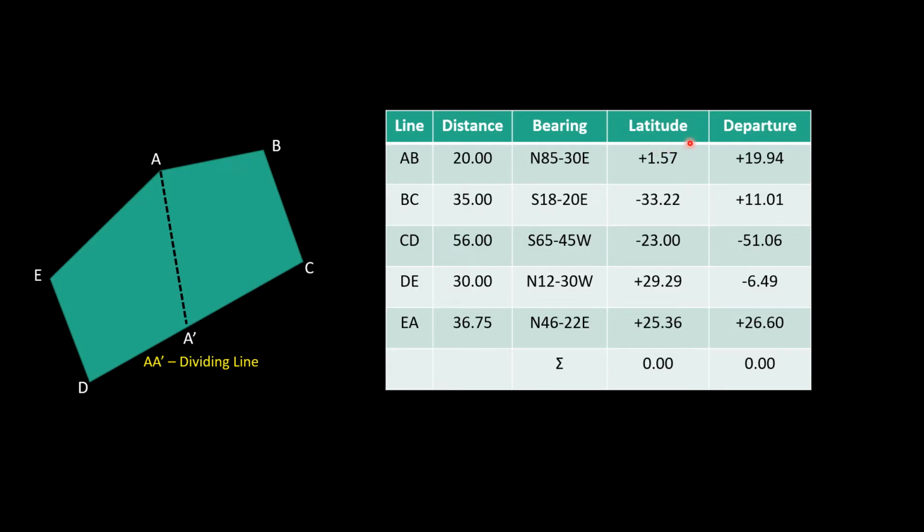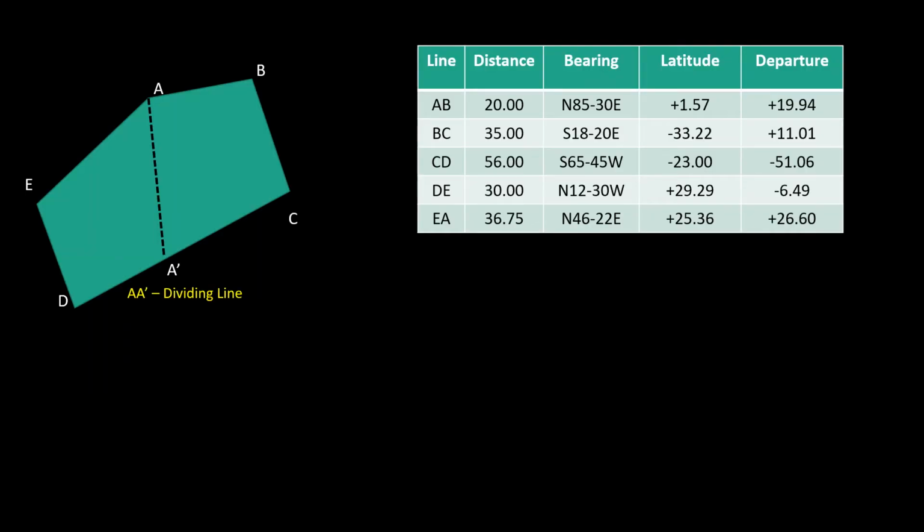Again, the latitude is determined by multiplying the distance by the cosine of the bearing, and for the departure, the distance is multiplied by the sine of the bearing. So we have to ensure that the latitudes and the departures must be balanced, or in other words, the summation must be equal to 0.